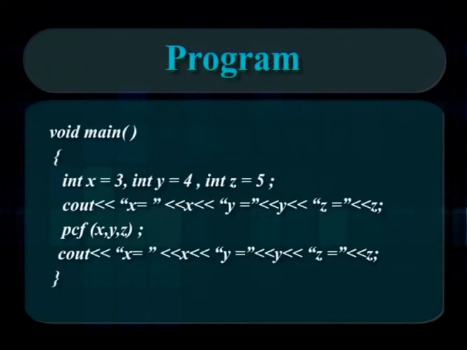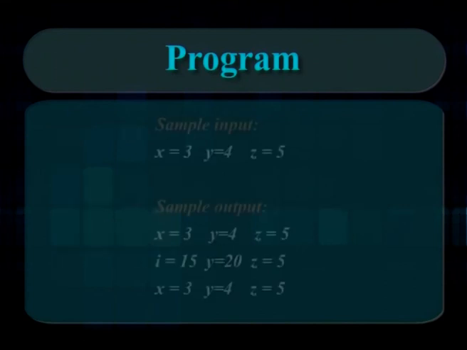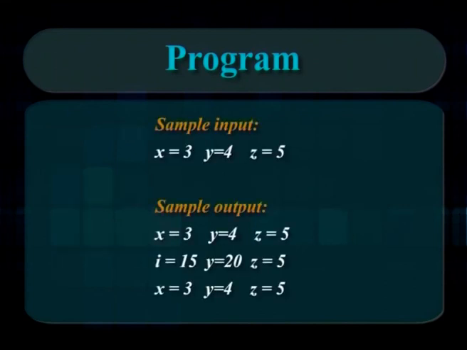This is a main program. If the sample input is x equal to 3, y equal to 4, z equal to 5, here the value of z is not changed as z is passed as a constant reference.